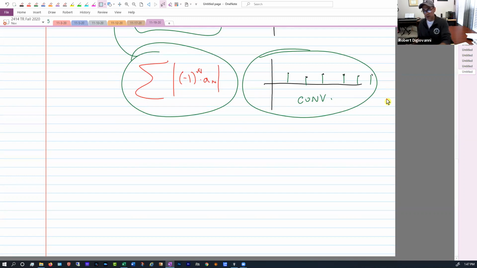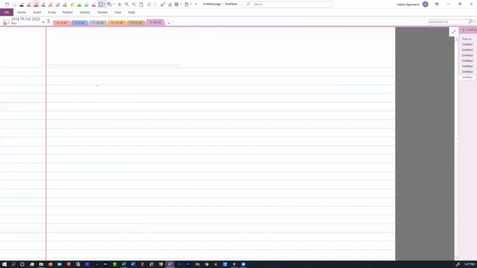Let me give you another example. This one's going to be weird. Does this converge or diverge? I'm not talking about absolute convergence right now, just asking about convergence.